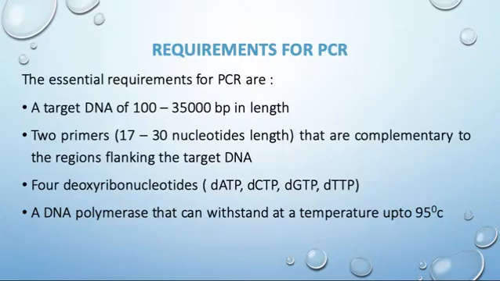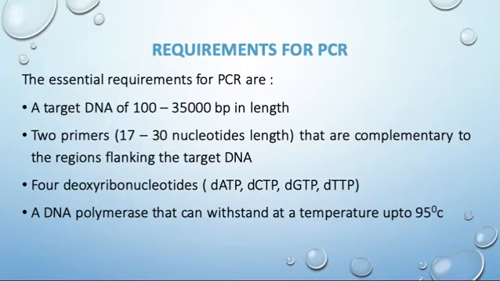So now what is a primer? It is made up of 20 to 30 nucleotide base pairs, and they are complementary to the regions of the target DNA. Then you require the 4 deoxyribonucleotides, that is dATP, dCTP, dGTP and dTTP.